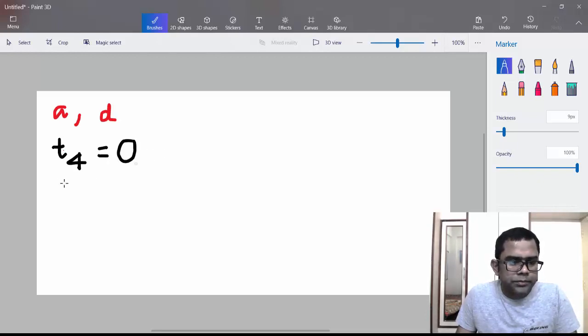This implies T4 is A plus 4 minus 1, that is n minus 1, into D. So A plus 3D is equal to 0, right?